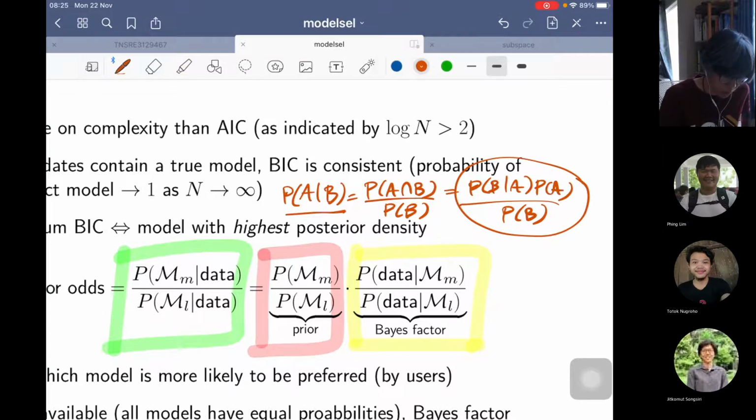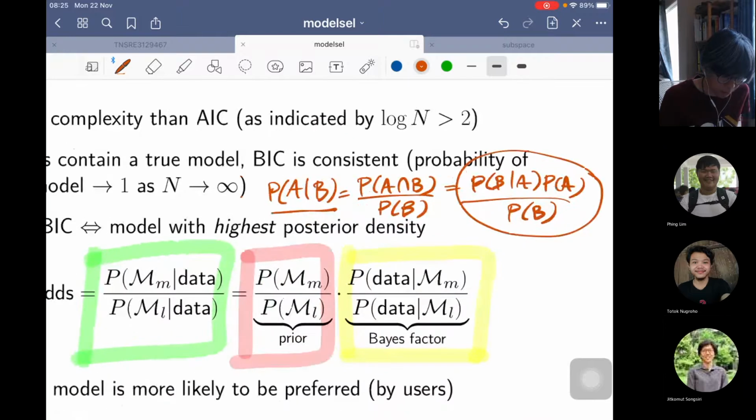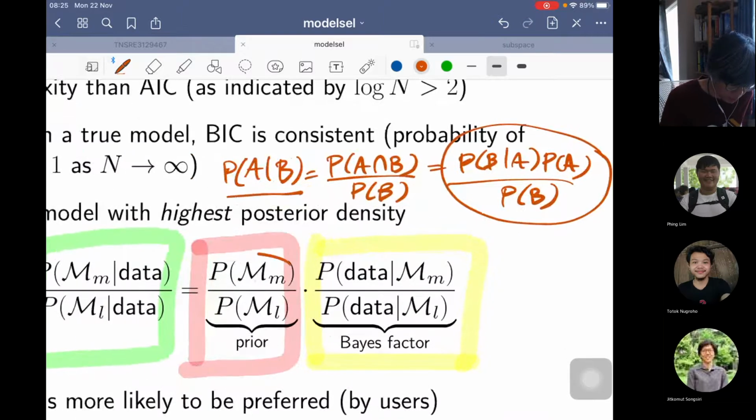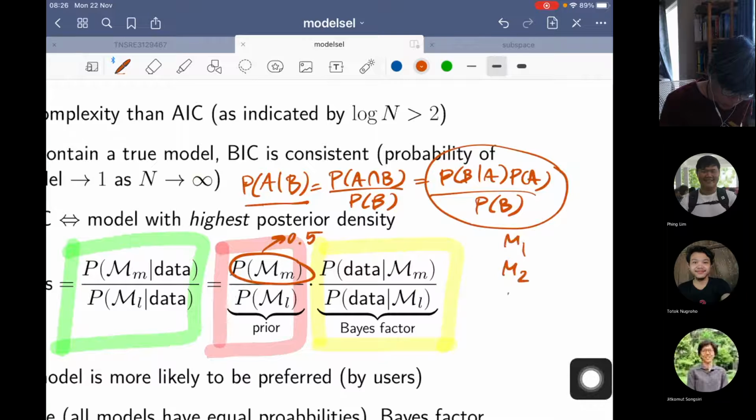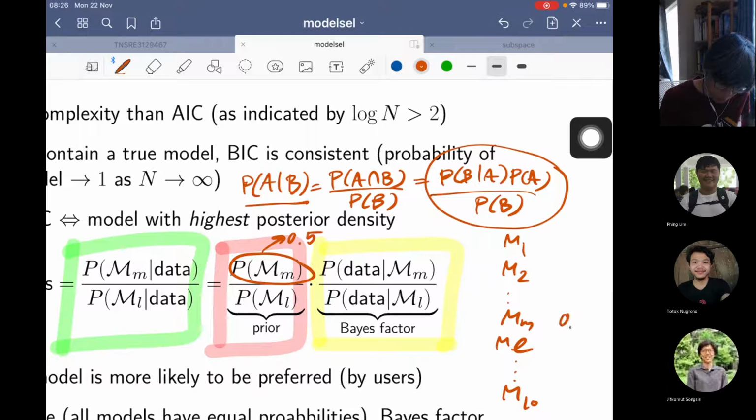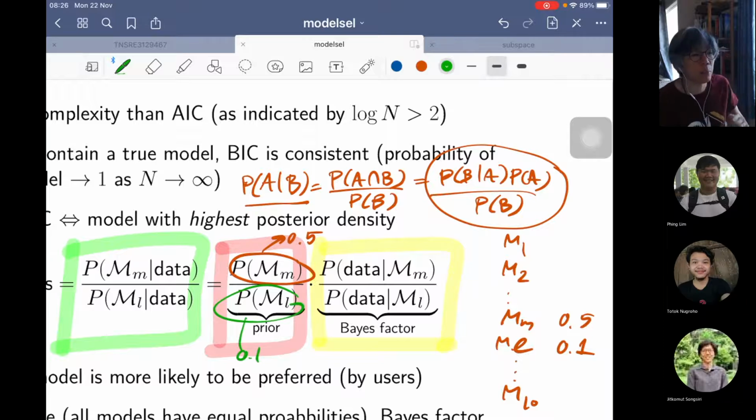So what does this prior density tell you? Suppose you have 10 models, and model M is one of them, model L is one of them. If the probability of model M is 0.5 and of model L is 0.1, what does it mean in practice?